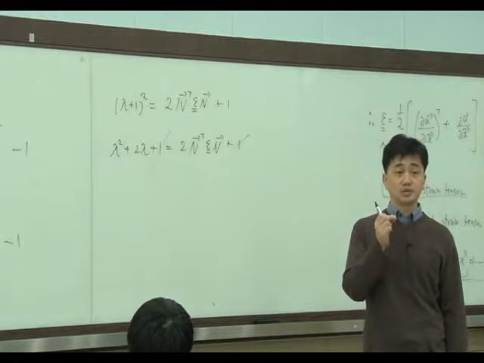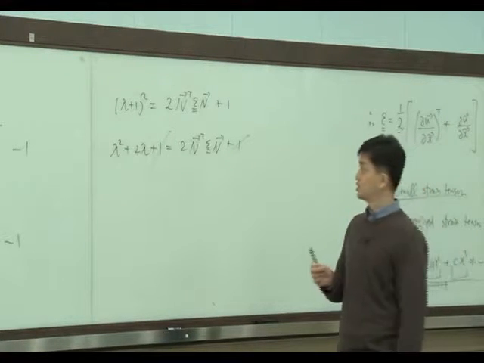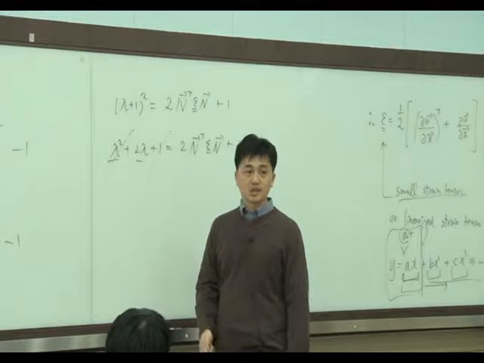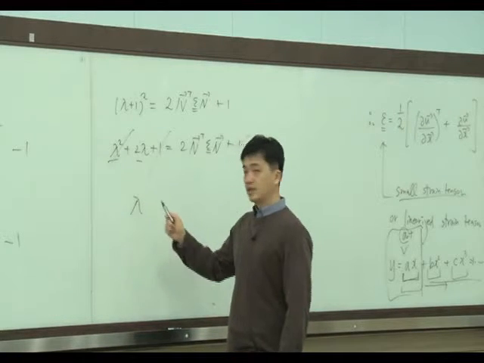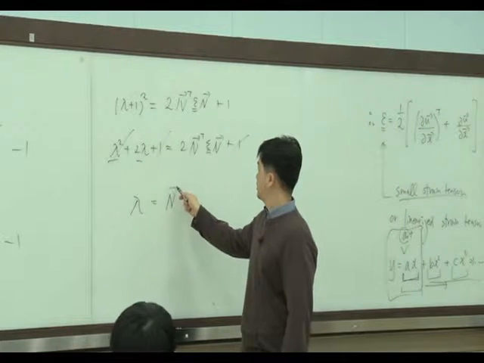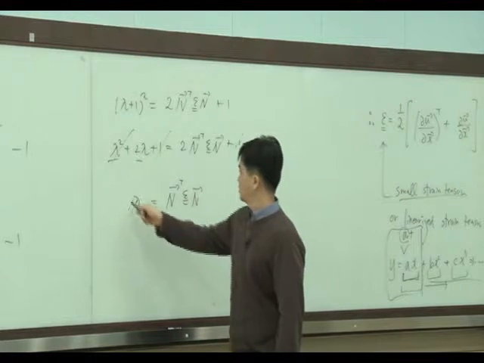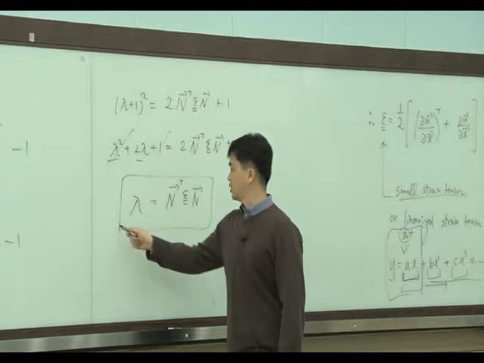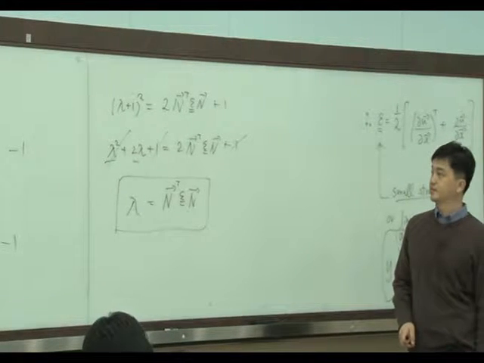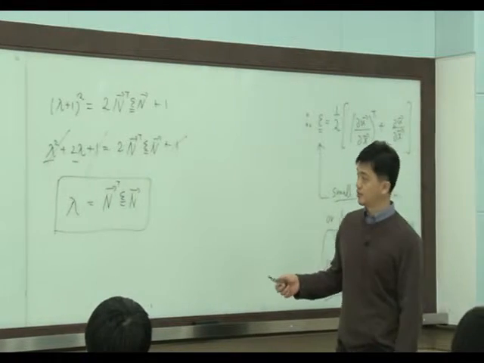So lambda is a very small value in small deformation theory, so the scale of lambda squared is much smaller than the others. So we can get rid of this. Finally, in small deformation theory, lambda becomes just n transpose small strain n. This is the equation we have. So the equation becomes much simpler, right?